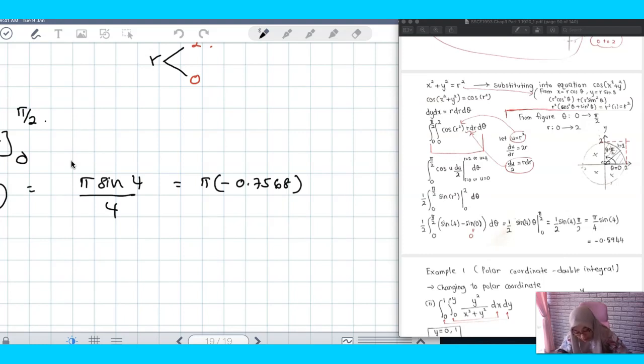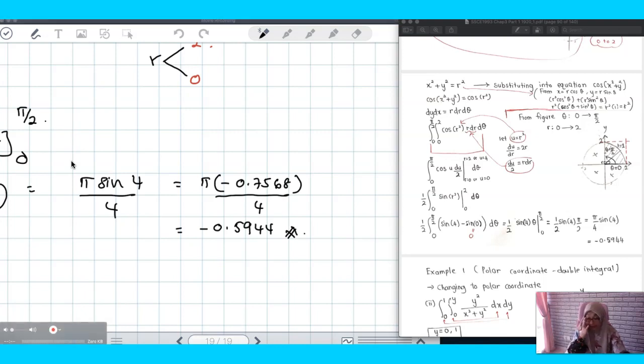Divided by 4, you will get negative 0.5944 in 4 decimal places.